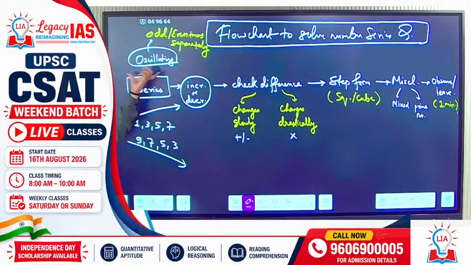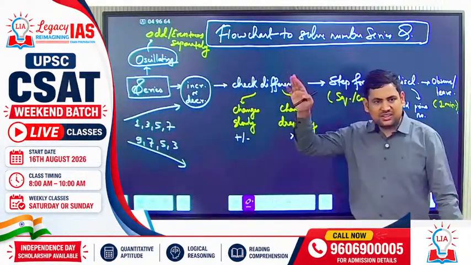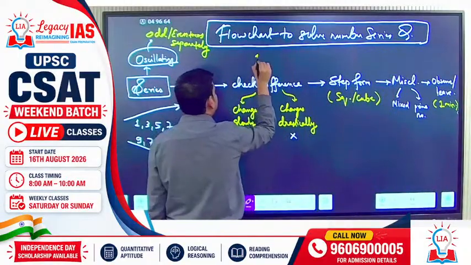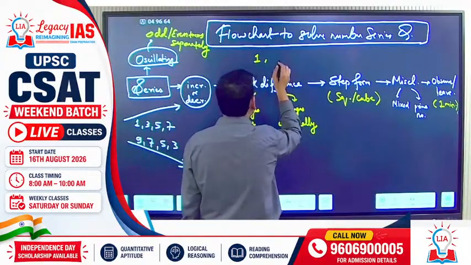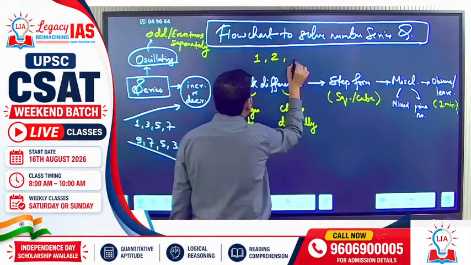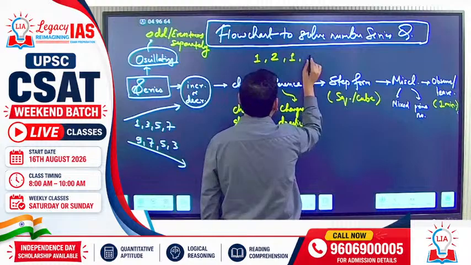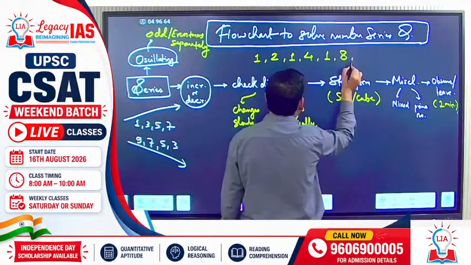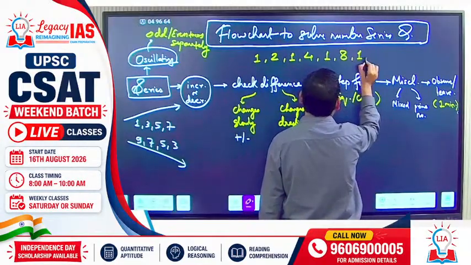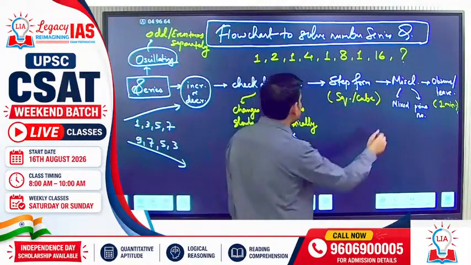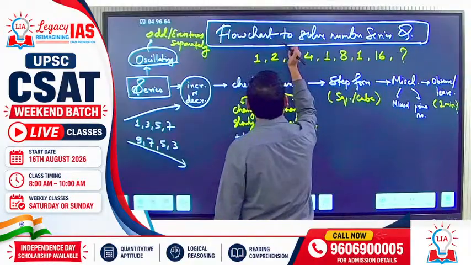Now, another series that we need to understand is oscillating. So oscillating is basically where once it increases, then decreases, once increases, decreases like this. For example, let's take a better one.